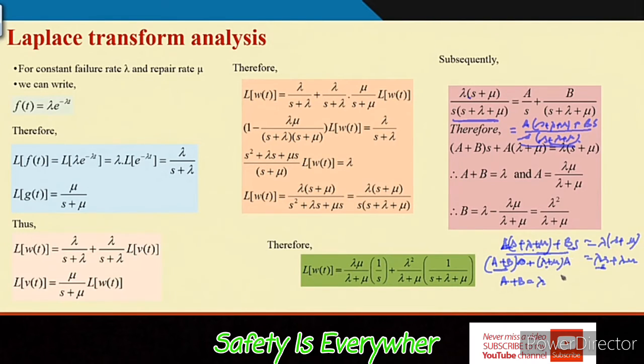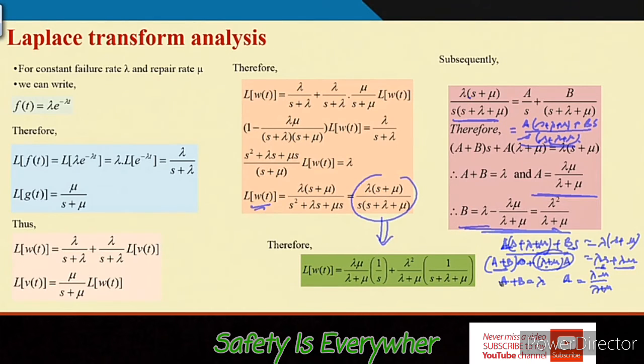So we are also finding out that A equals lambda mu by lambda plus mu. So by solving this you find out A as well, and putting it here you also find out B. Now in this equation, LWT equal to this one is converted to this: A by S plus B by this.